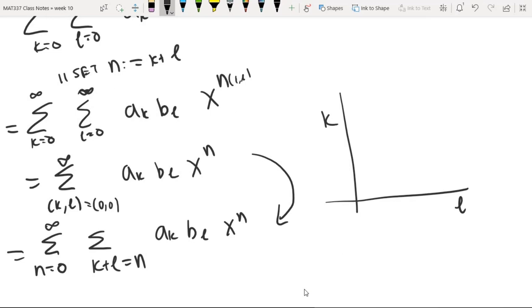So k plus l is equal to n. I want to draw this picture correctly. So it's something like this. Okay, so k is minus l plus n. When l is 0, you get n. When k is 0, you get n.